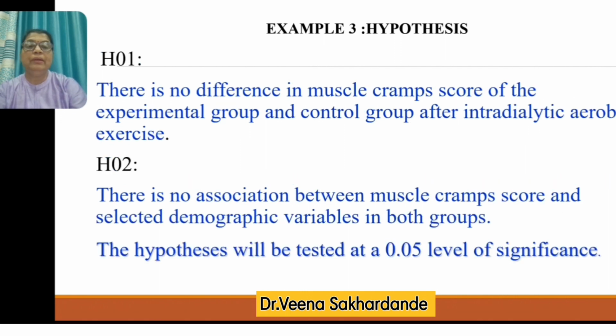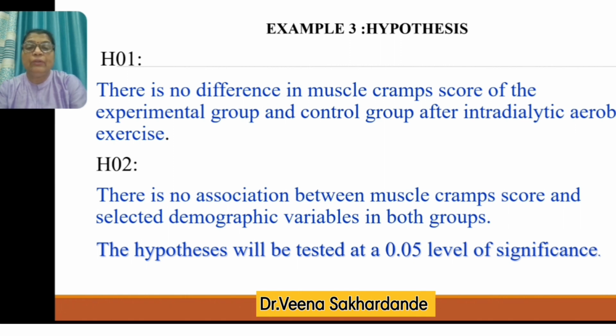One more example for hypothesis. Presently this is the format of framing the hypothesis. There is no difference in muscle cramp score of the experimental group and the control group after the intradialytic aerobic exercise. So here also, no difference of the muscle cramps after giving the intradialytic exercises, in the experimental and control group.